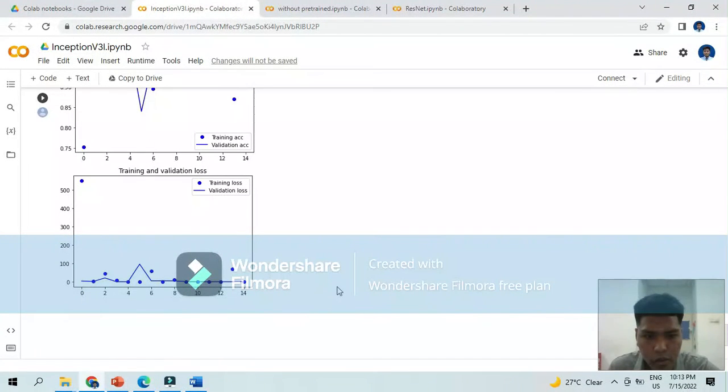The highest training loss is below 500, and for the validation loss, most of it is 0. It decreases and increases at epoch 2, after that it becomes optimal. It can be concluded that when training with the pre-trainer model, which is using Inception v3, the accuracy is higher compared to task 1.